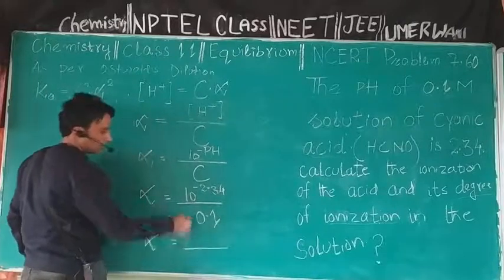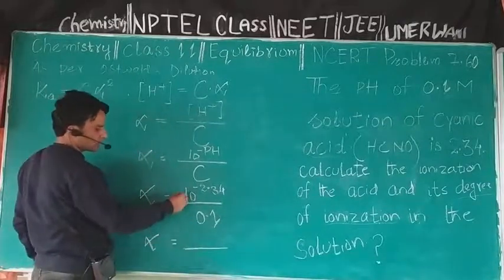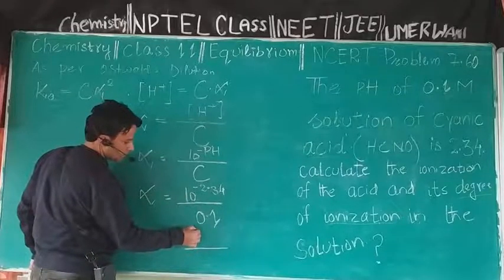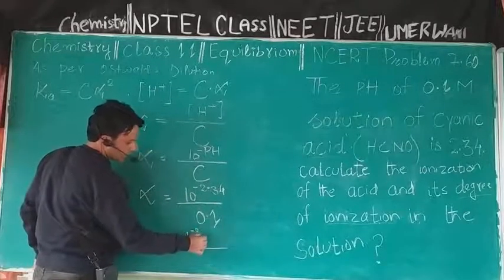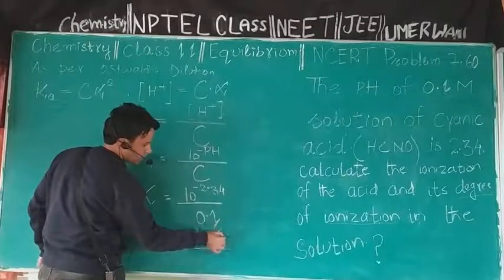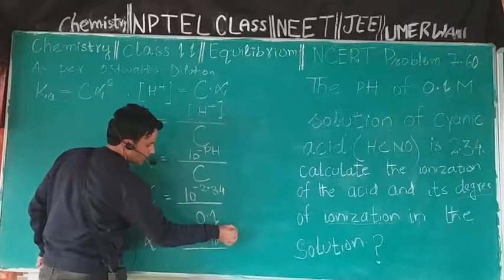Alpha is equal to, I will solve the numerator part of the RHS. It is equal to 10 raised to the power minus 3 multiplied by 10 raised to the power 0.66.